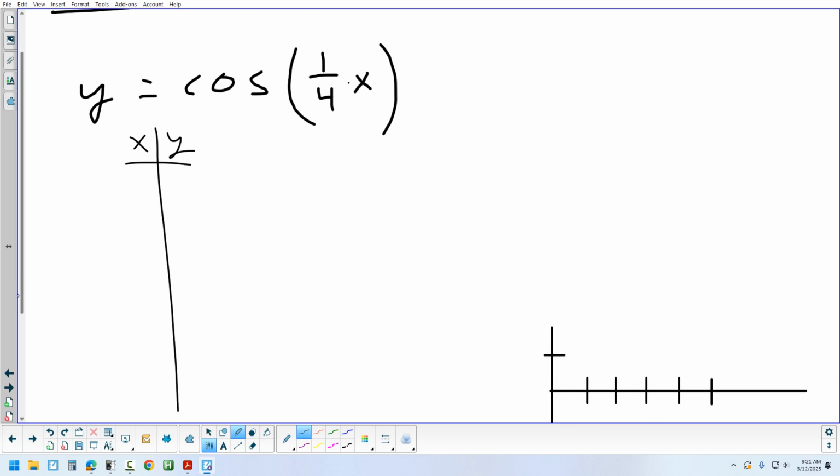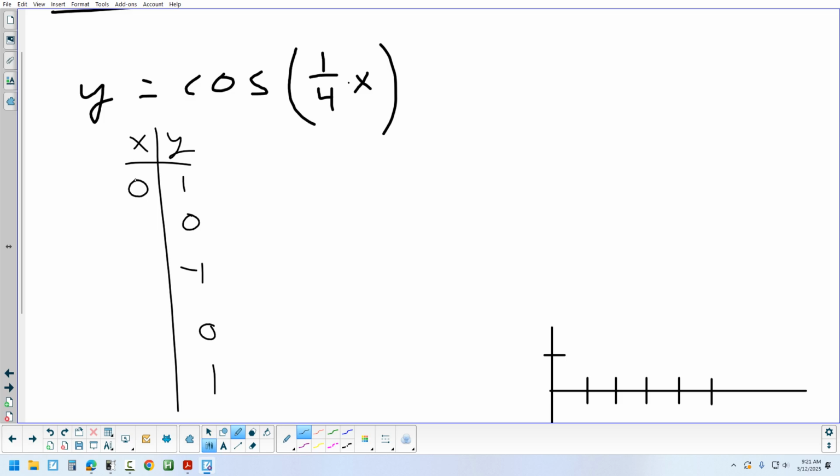So we know it's going to stretch or compress horizontally, which means the what values stay the same? The y's. What are my y's for cosine? 1, 0, negative 1, 0, 1. And now my x's, we don't really need the originals because of the way I explained how to do it. Your first x value is always going to be 0 for the kind of problems, at least, that I'm giving you.